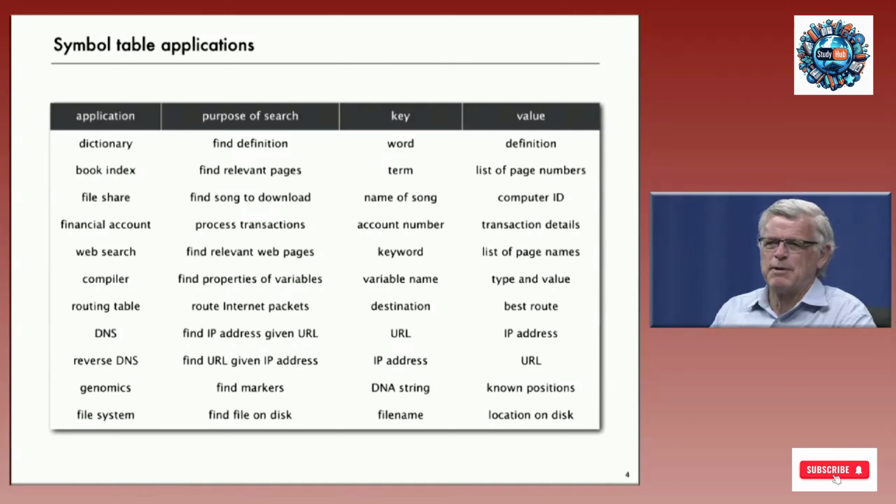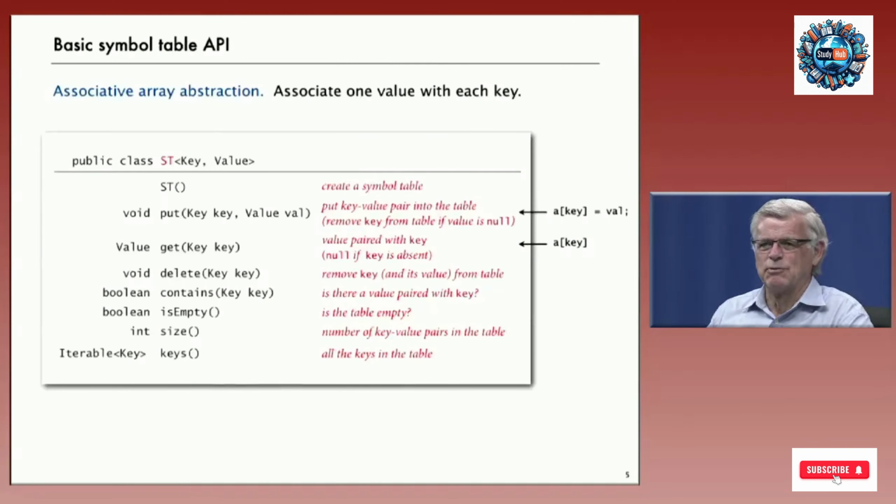So it's a very fundamental concept, and we'll look at plenty of applications, but first we want to look at some algorithms. The way that it's convenient to set up a symbol table is to implement the so-called associative array abstraction. The idea behind that is to think about just associating one value with each key.